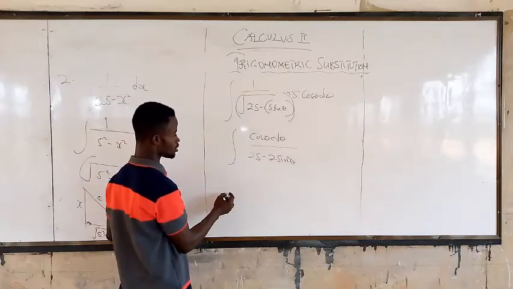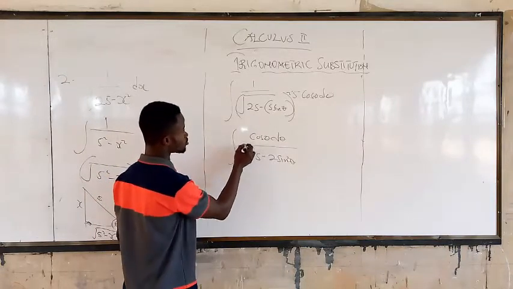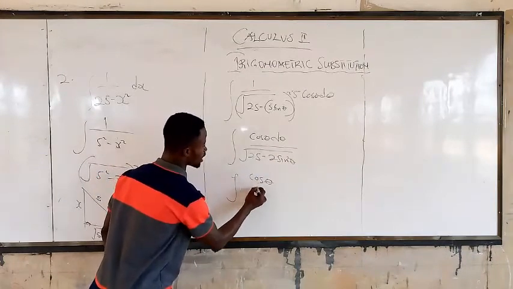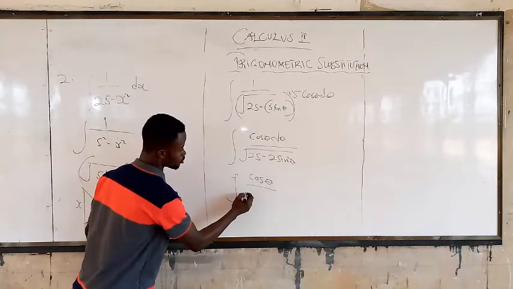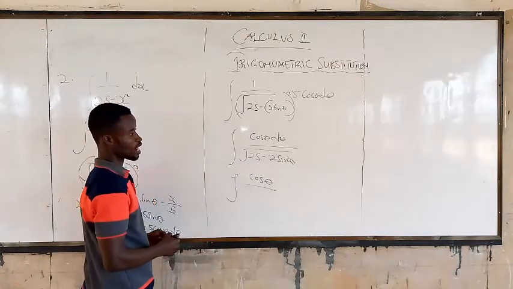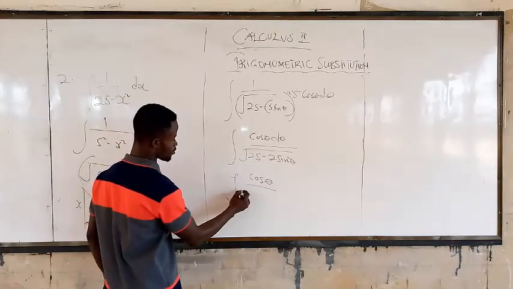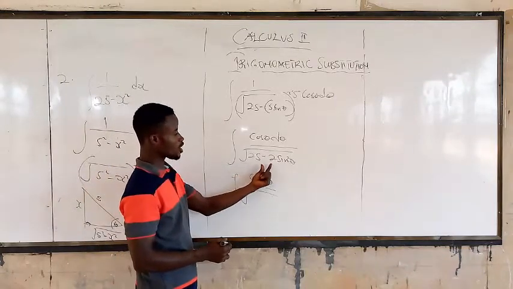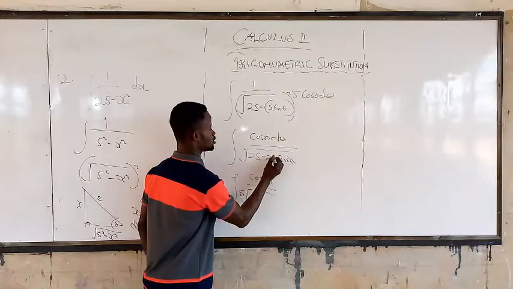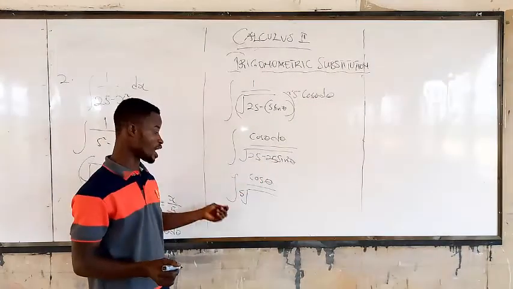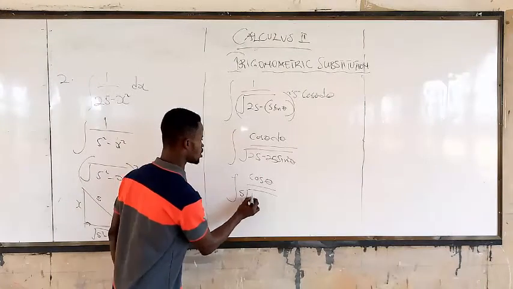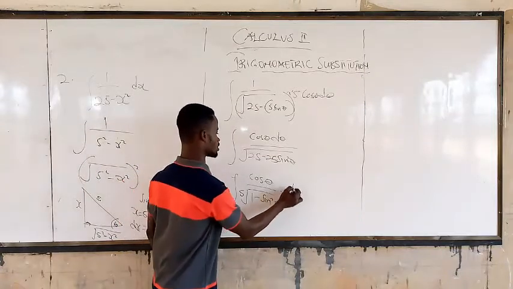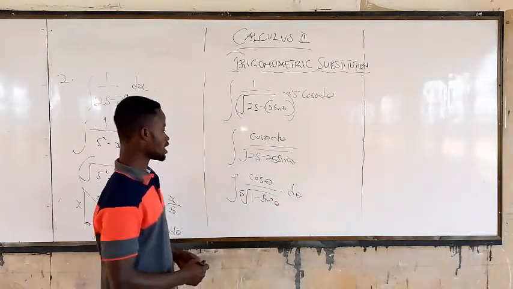So here we are going to get cos theta over 25, and when the 25 comes out, we are going to get 5 here, because we are going to take the square root of 25 out, and that is 5. So let me do it straight away: 1 minus sine squared theta, and get the d theta here. We know that only the inside.